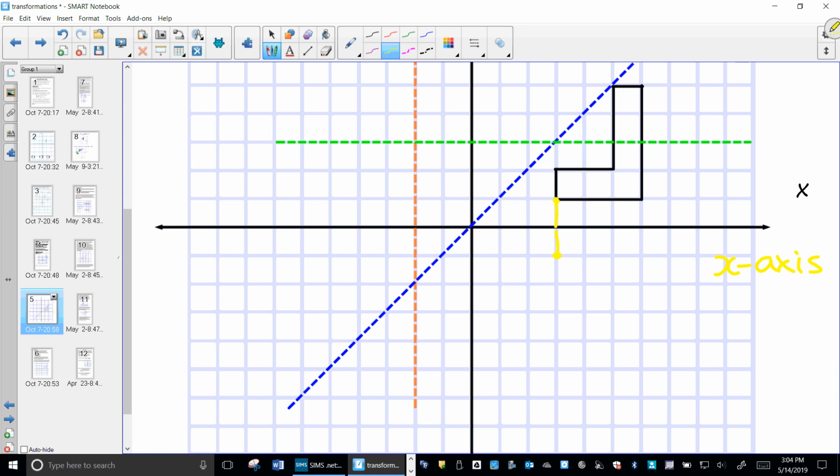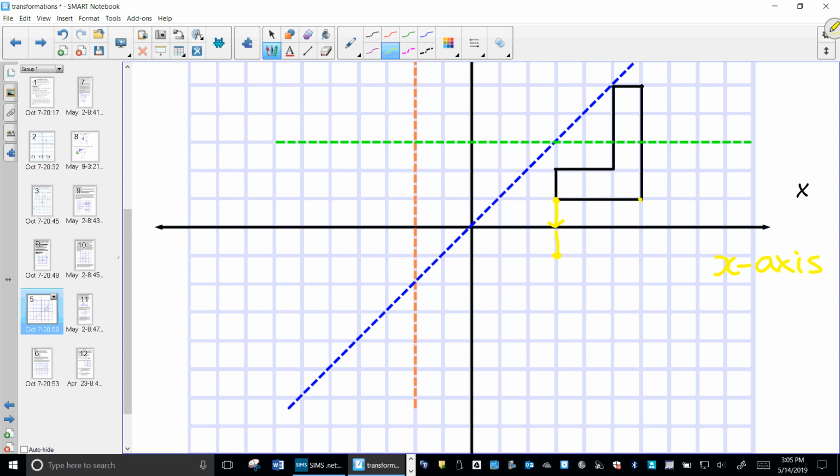Now, I'm not going to draw lines on the next set. That was just to try and help you. Because this is our mirror line for this question, we're finding out how far away it is from the mirror line. So we're going to draw the shape, but I'm going to reflect my points first of all. So then I'm looking at this point here.